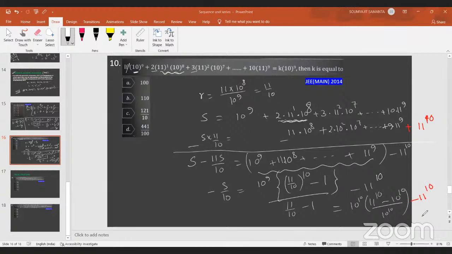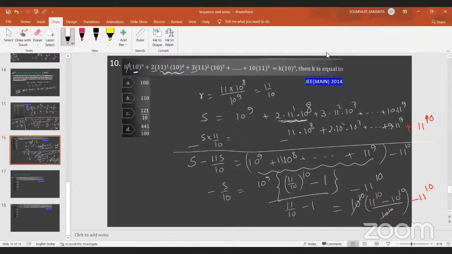Minus 10 power 10. 10 power 10 and 10 power 10 get cancelled. 11 power 10 minus 11 power 10 gets cancelled.